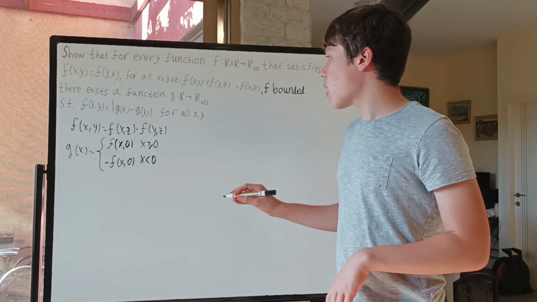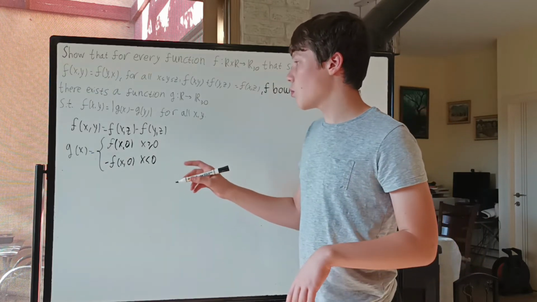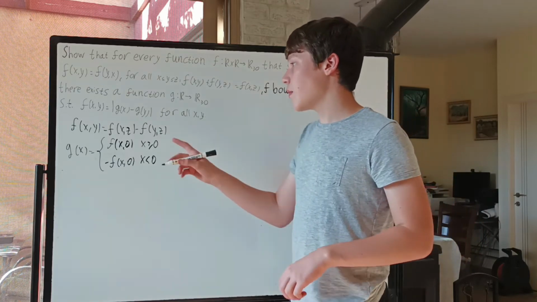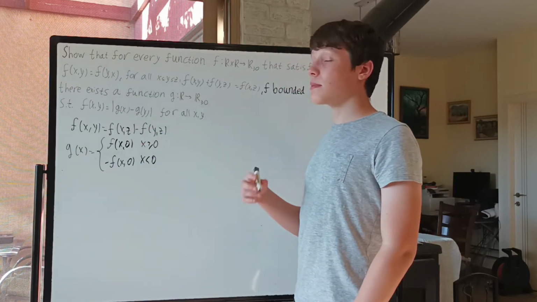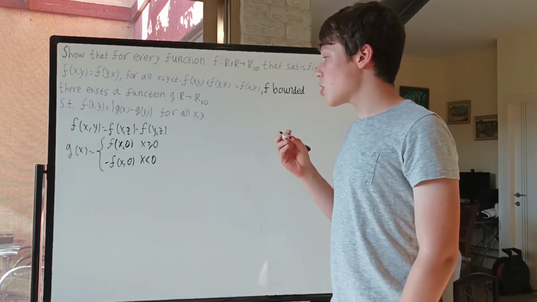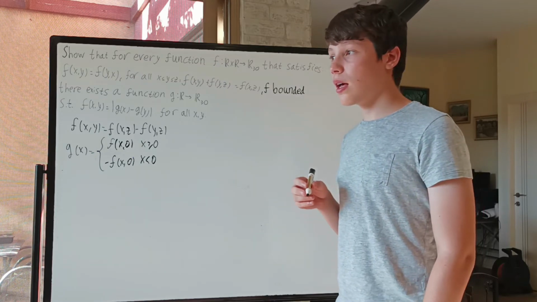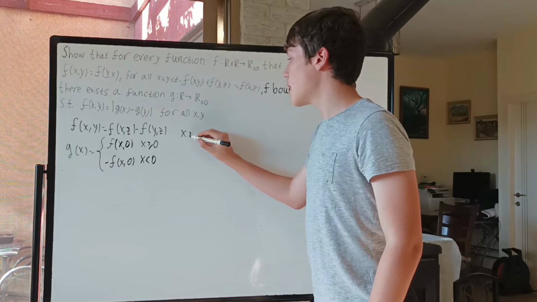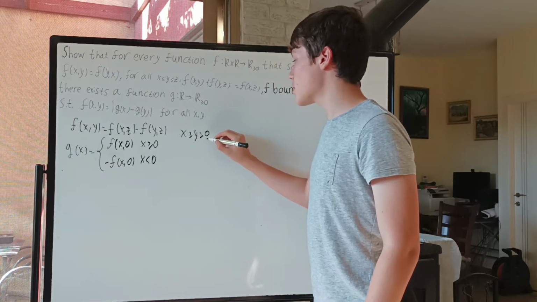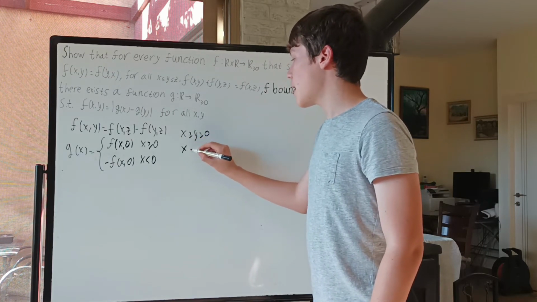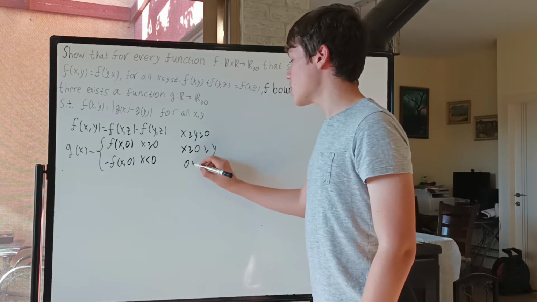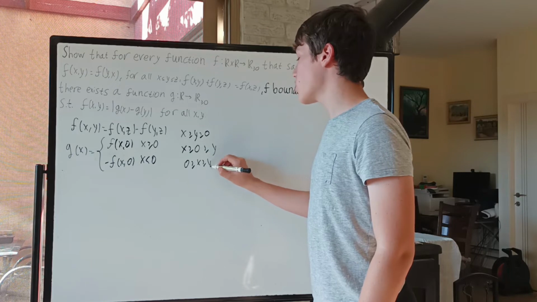So we want x and y, and we want to show that f of x, y is the absolute value of g of x minus g of y. We're going to look at 3 different cases: x bigger than or equal to y bigger than or equal to 0; x bigger than or equal to 0 bigger than or equal to y; 0 bigger than or equal to x bigger than or equal to y.